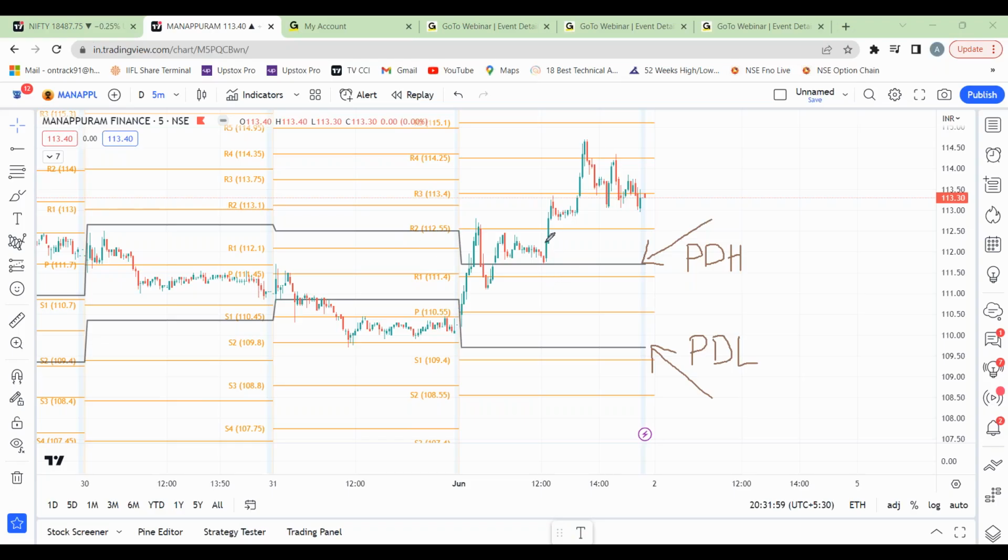So every single day when you have this indicator, it will give you one line which will show you the previous day high line and low line in the form of an indicator. Basically, it's the highest point of the previous day trading session and the lowest point of the previous day trading session, which we get on the current day's chart.